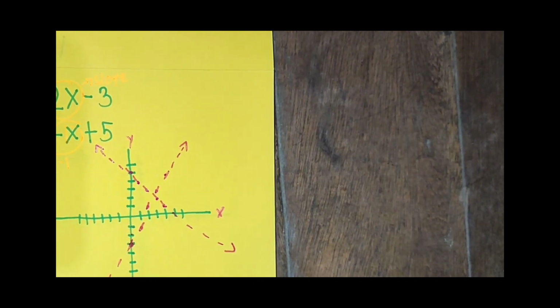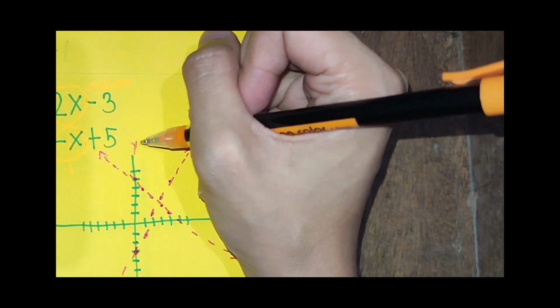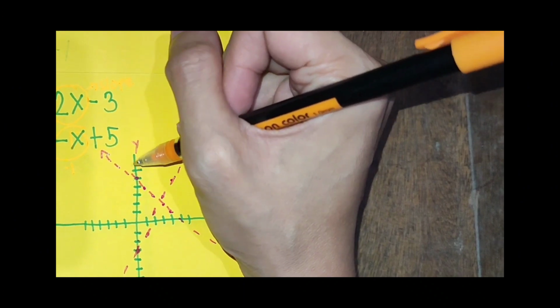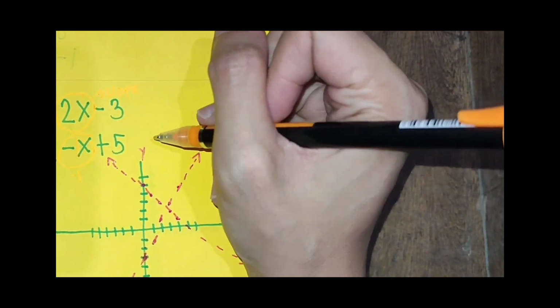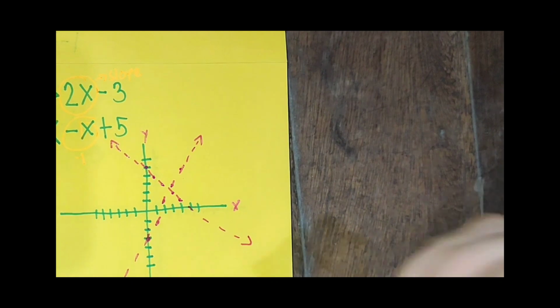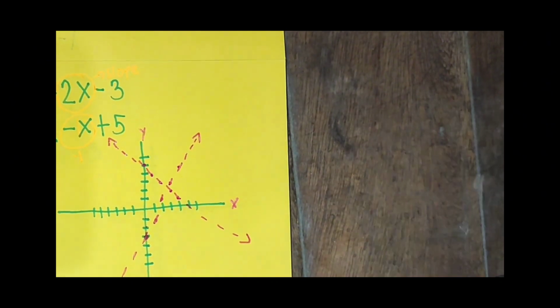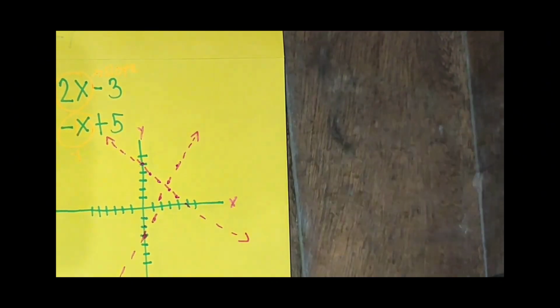So, isi-shade na natin siya. Itong y is greater than daw sa 2x minus 3. Saan ba yung way ng pang greater? Paangat, diba? So, isi-shade lang natin yung paangat.